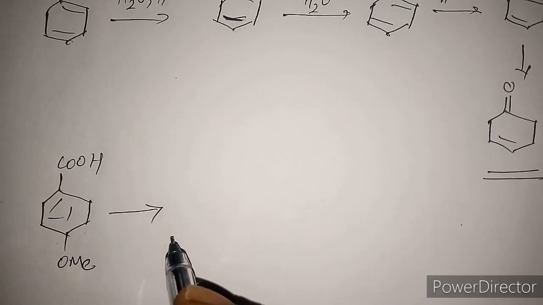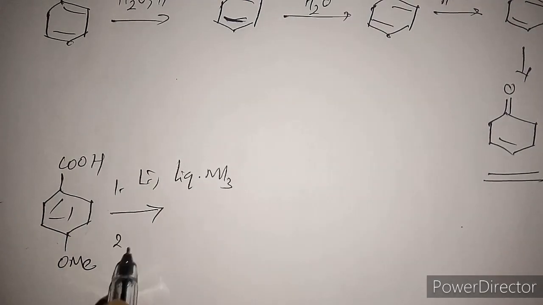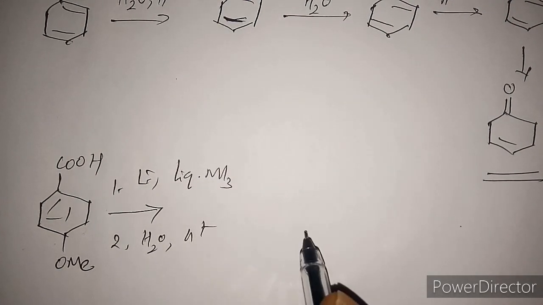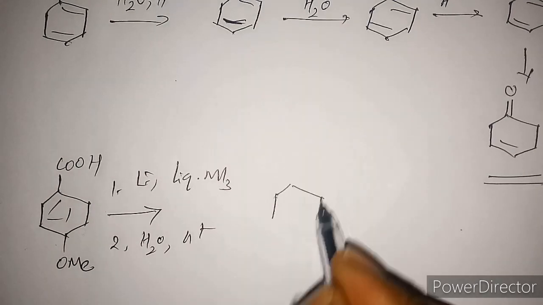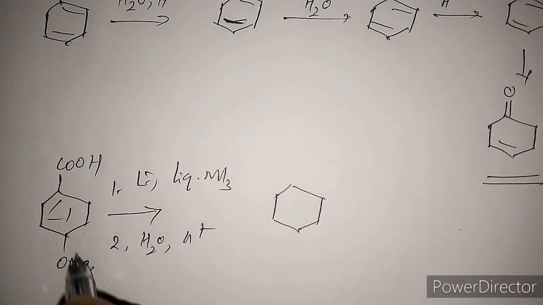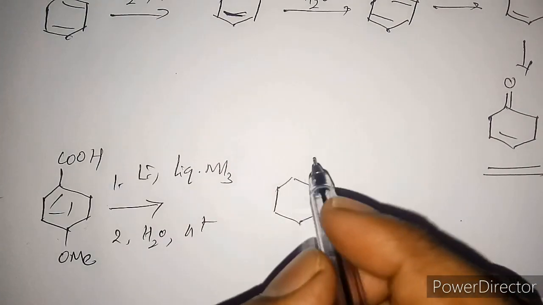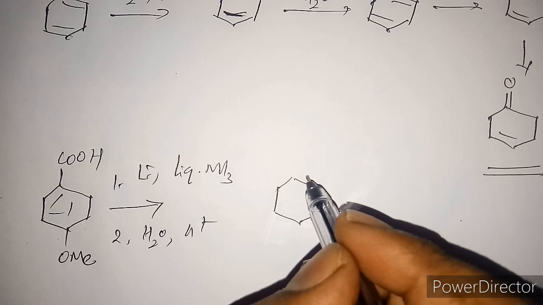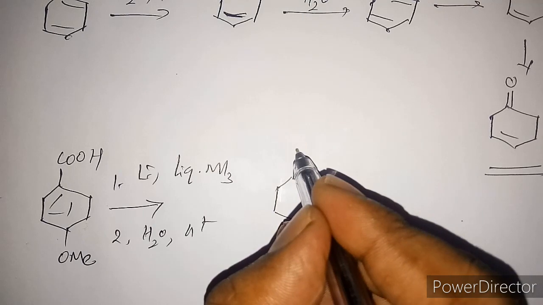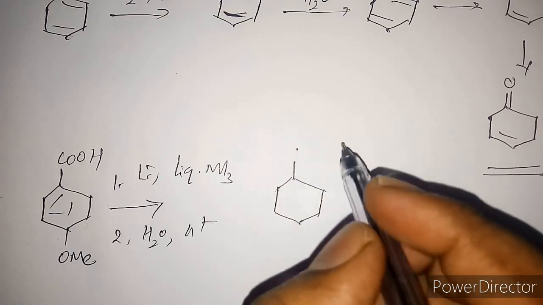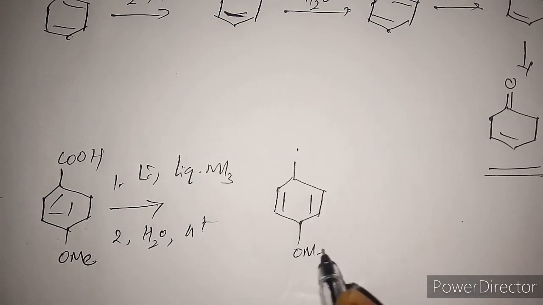Now in this case, we need to carry out lithium, liquid ammonia. Next case is H2O, H plus. So here what will happen is that, now this is electron donating, this is a withdrawing group. We'll get like this, OMe.